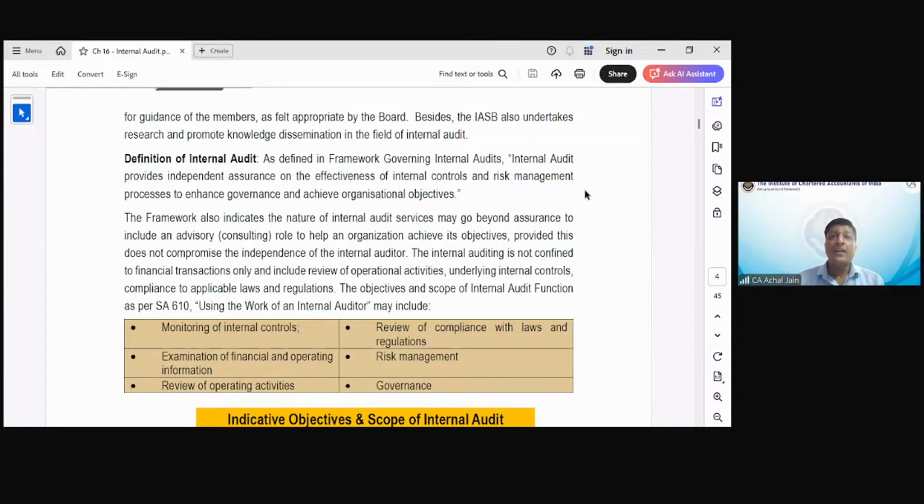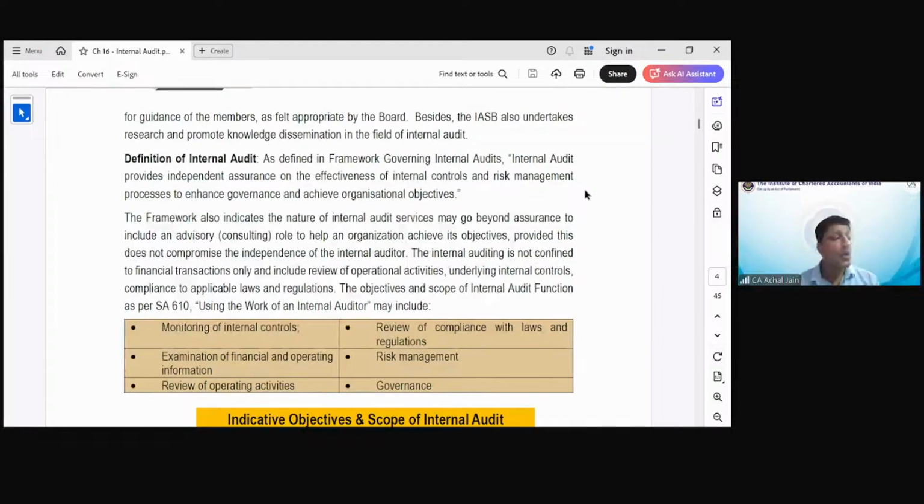So that's why, after the management puts this system in place, they need somebody who will ensure that the system is working in an effective manner. You can say it's a kind of review, a kind of check which the management needs to put in place.